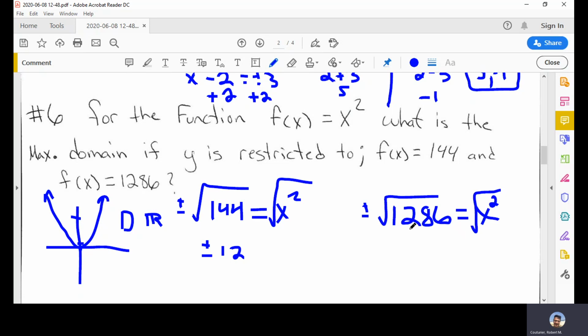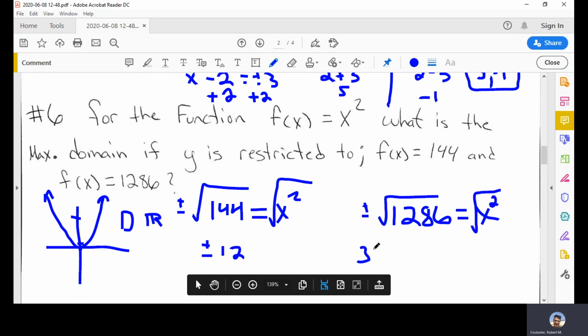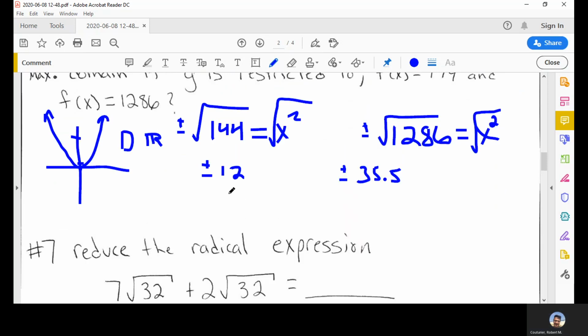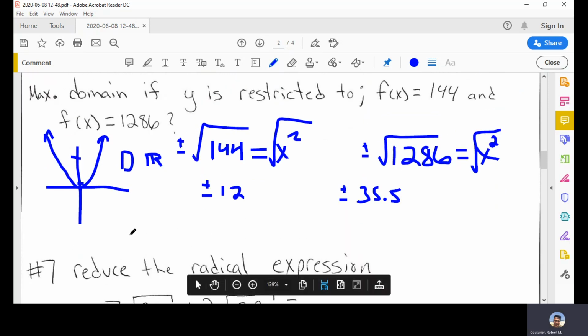Double check that. It's like 35 point something. Say 35.5. Plus or minus. So the restricted domain in this case, what we have to look for is from negative 12 to negative 35.5.